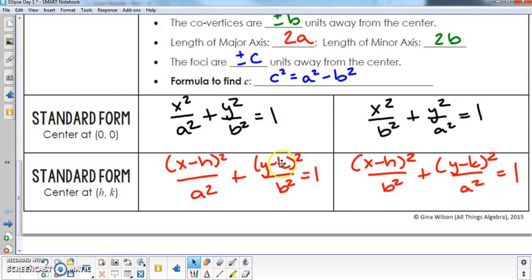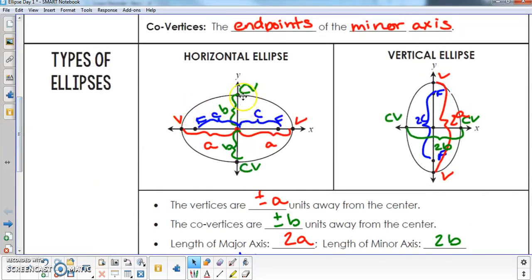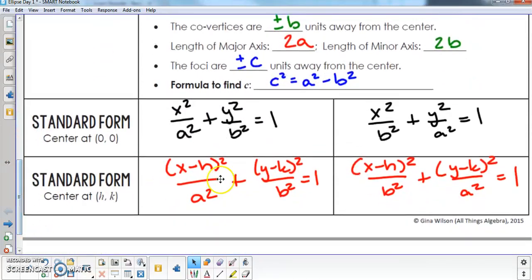My smaller number is underneath the y for both of these, and that makes sense because this is not as long as it is from vertex to vertex. Co-vertices are my smaller ones, so that makes sense. So your larger one is always going to be whatever the a value is. That's how you identify your a value: whichever number is bigger. It's not always on the left. It's whichever number is bigger.